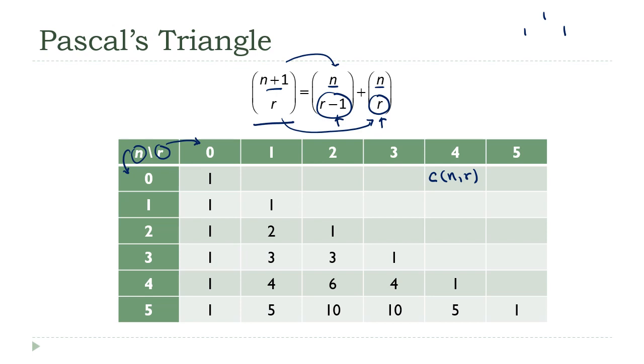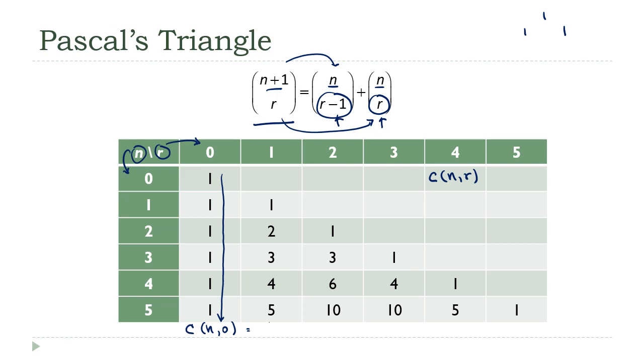Before I start filling this in, there are a couple of other patterns I want you to see. Notice how this side of the triangle is always 1. And that makes sense. This column is always C of n comma 0. If you put that into the formula, what do you get?